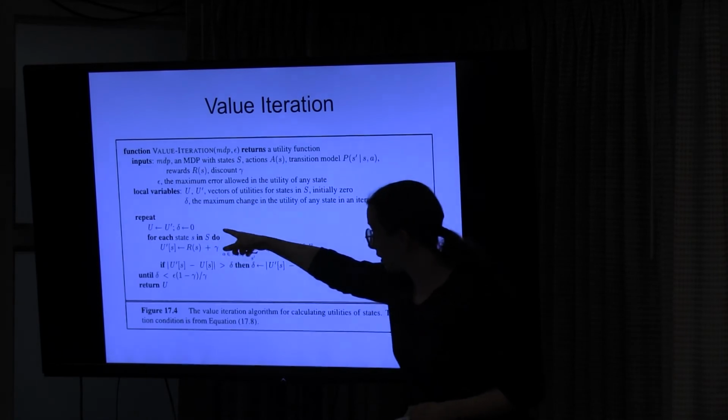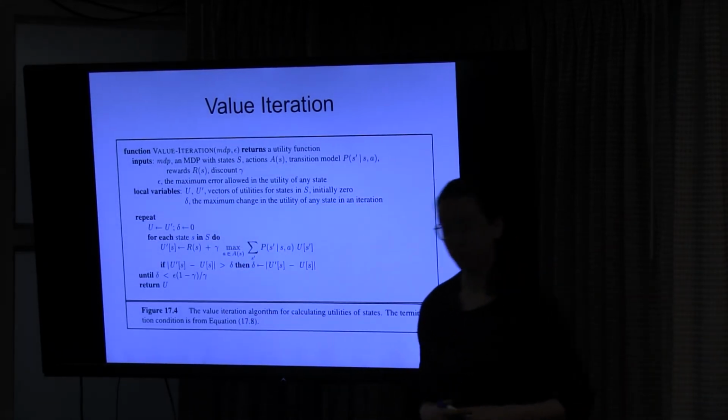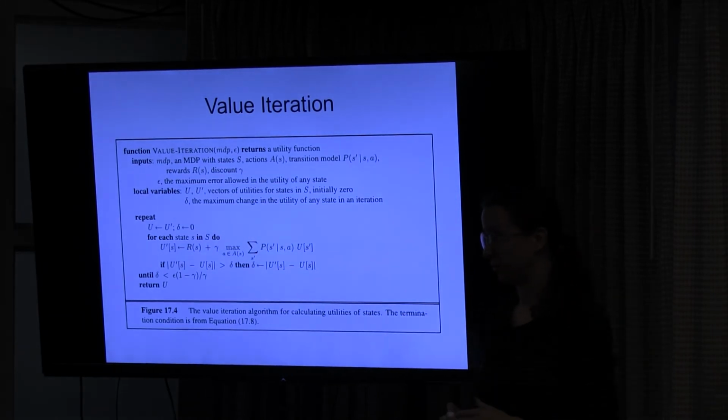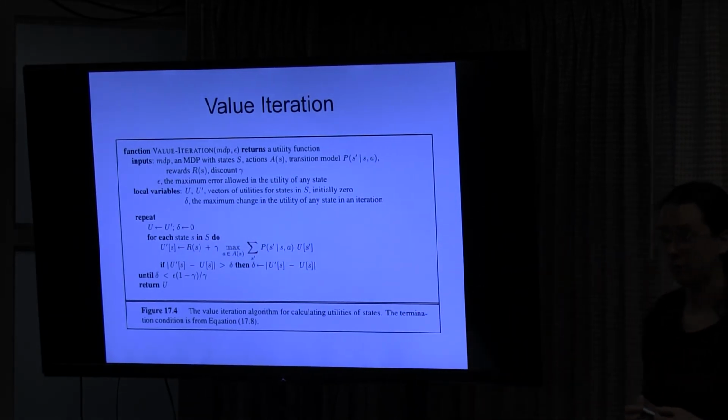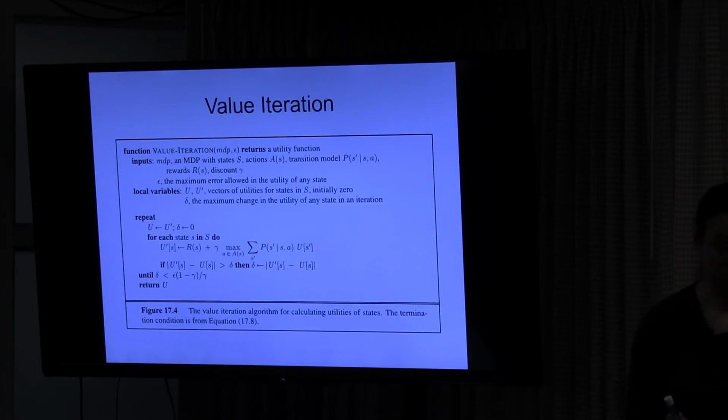So every cycle, U gets to be U prime, and then we're updating U prime, right? So the high level flow of the algorithm is doing what? Is it the utility of the same state in the new iteration? Yeah, so we're iteratively estimating the true utility function.